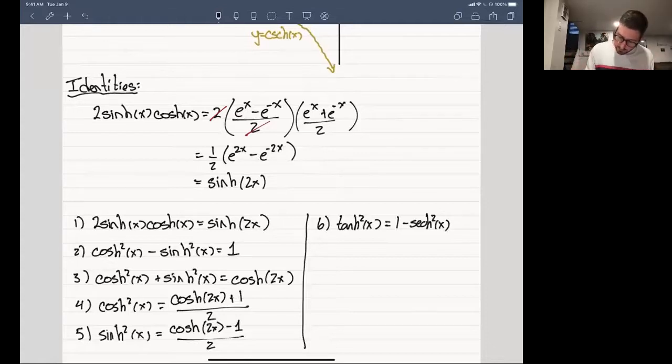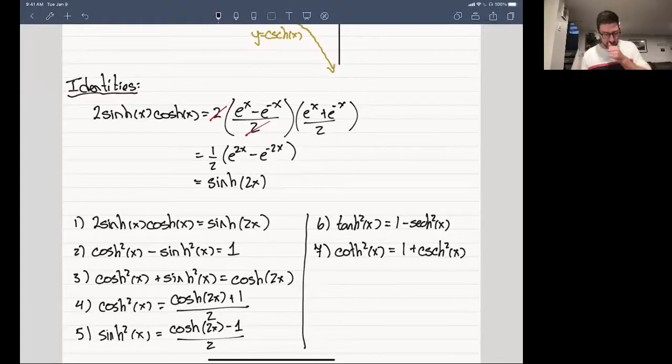So now we have the analog in our case, which is coth squared equals 1 plus cosec squared of x. So they take a little bit of getting used to, right? You're probably going to have to refer back to your notes quite a bit when you're working with these things.